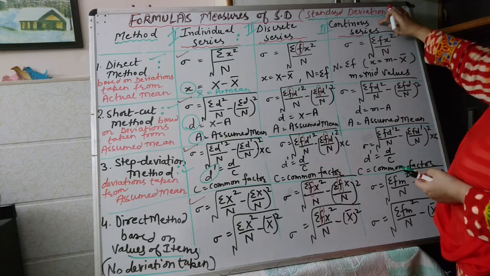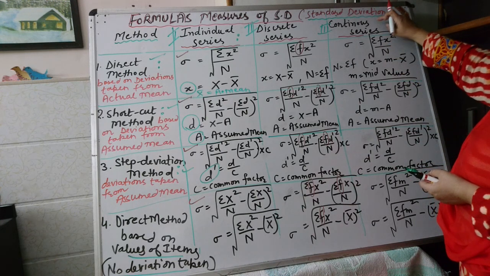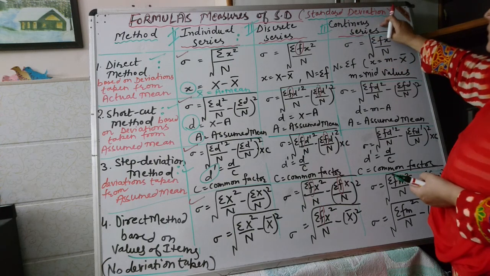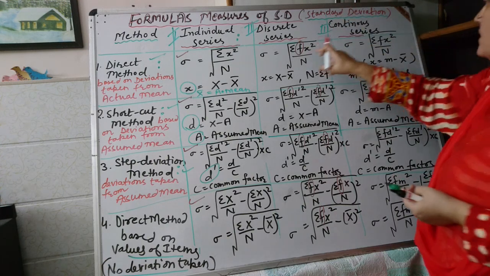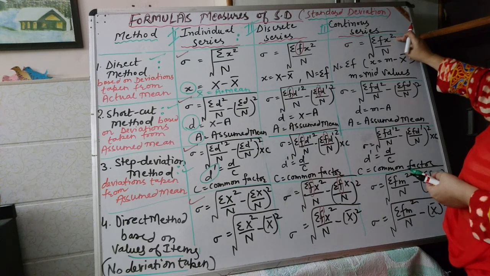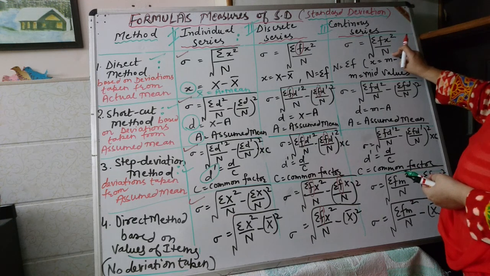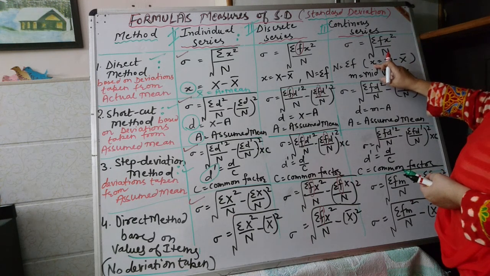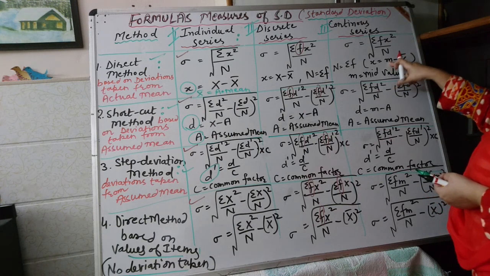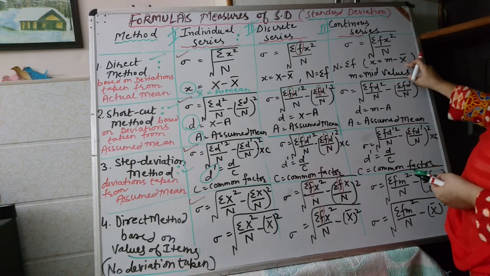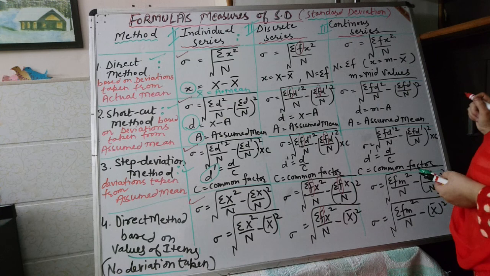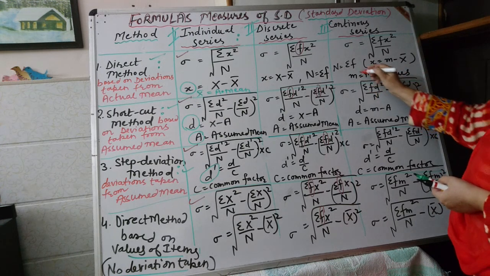And then for the calculation of standard deviation in continuous series, first method is direct method, the square root of sigma fx square divided by n. Here x can be calculated as m minus x bar, where m stands for mid values.